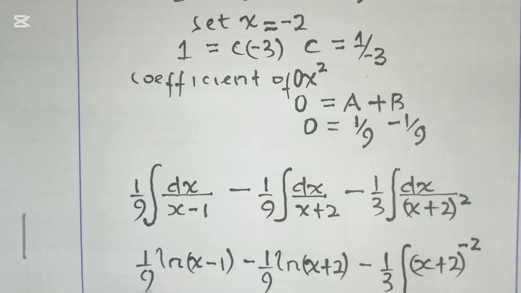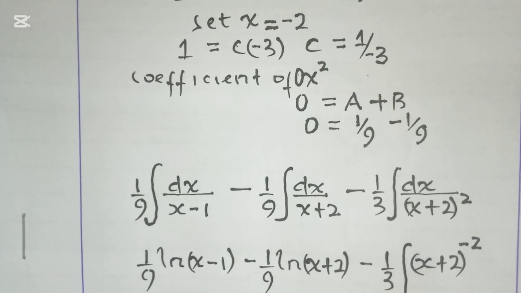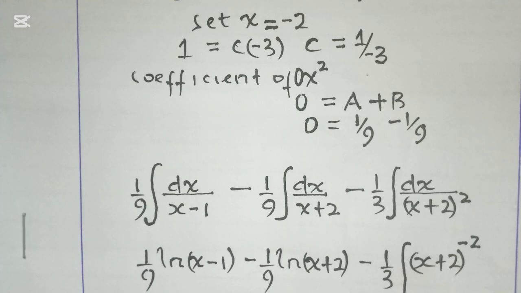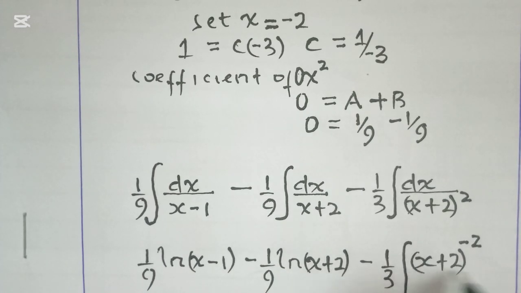We can actually factor out 1 over 9 so that we are left with, now here we shall have ln x plus 2 like that, minus, we can now find the integral for that.